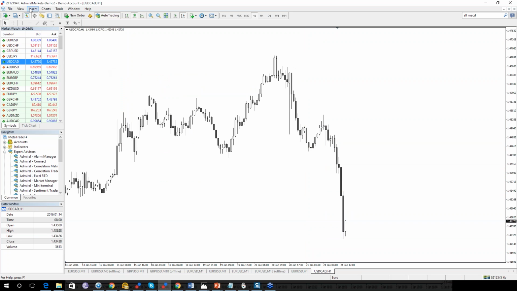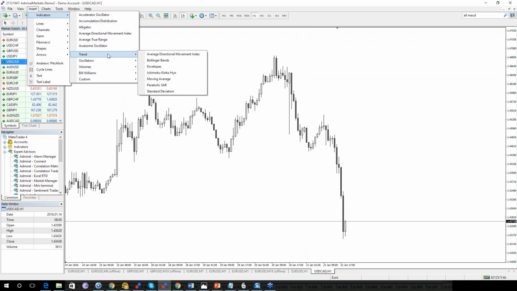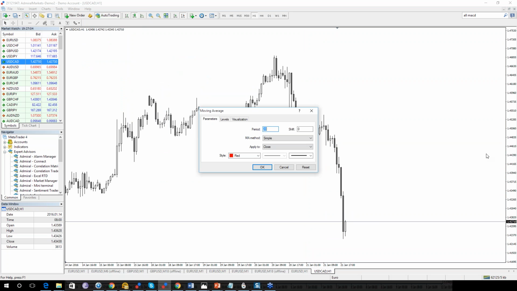First, now pay attention. We need to, okay, indicators. And the first number is 3. We will use a combination of 6 short-term EMAs and 6 long-term EMAs.